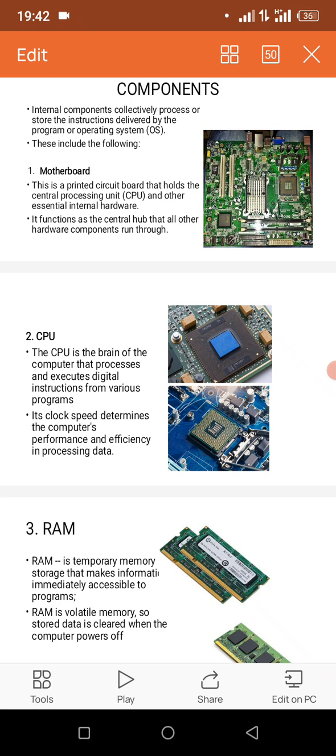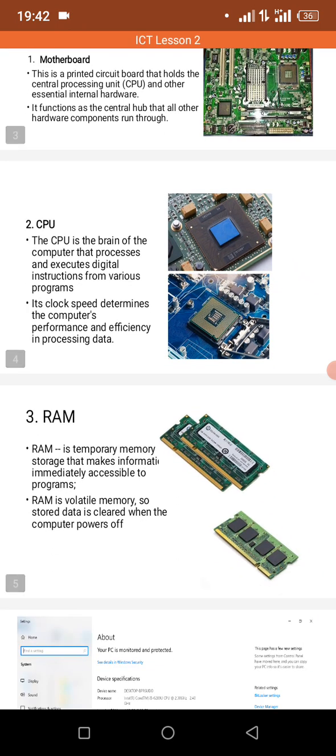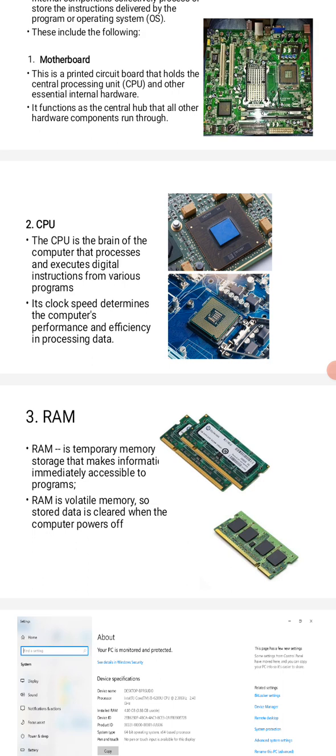has to undergo what? It goes through the processing unit, which is the CPU, a processor. The speed of a processor, its clock speed, determines the computer's performance. Yes, the speed of the processor determines how well the computer works.